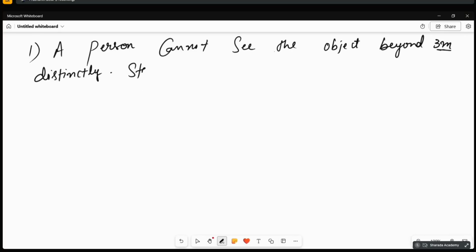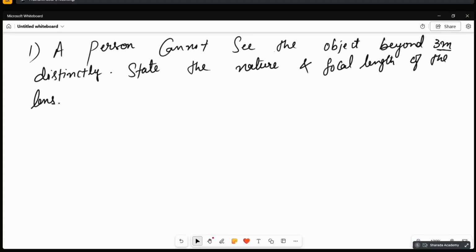State the nature and focal length of the lens required to correct this defect of vision. Very important problem. They will ask these questions.